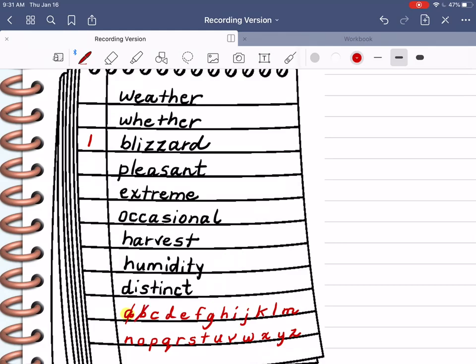Look at your words, and again, let me highlight for you because we are looking at the first letter of these words. Do you have any C's? No. Do you have any D's? Yes. The word distinct.